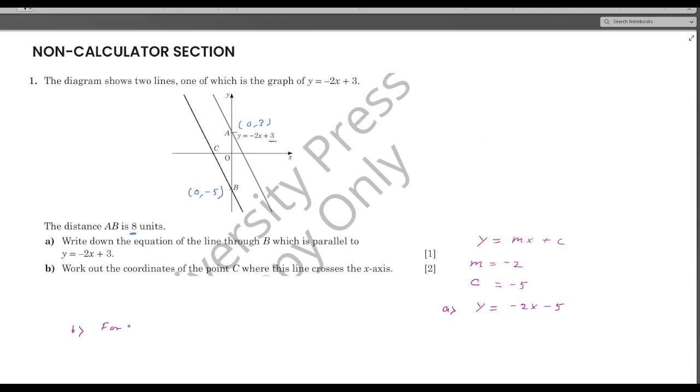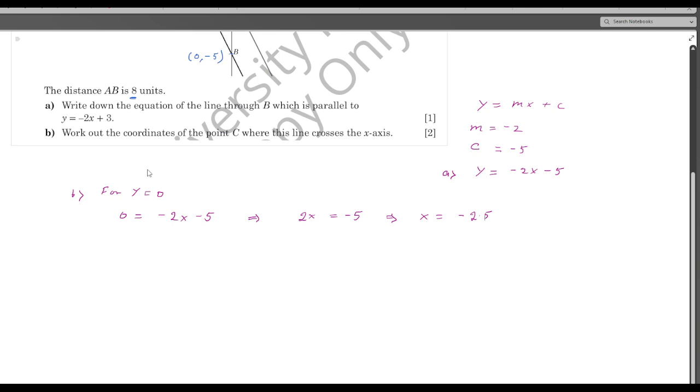So for y equals 0, you get 0 equals minus 2x minus 5, which will give you 2x equals minus 5, which will give you x equals minus 5 by 2 or minus 2.5. So for the coordinates of the point C, I will say that C has coordinates minus 2.5 comma 0.